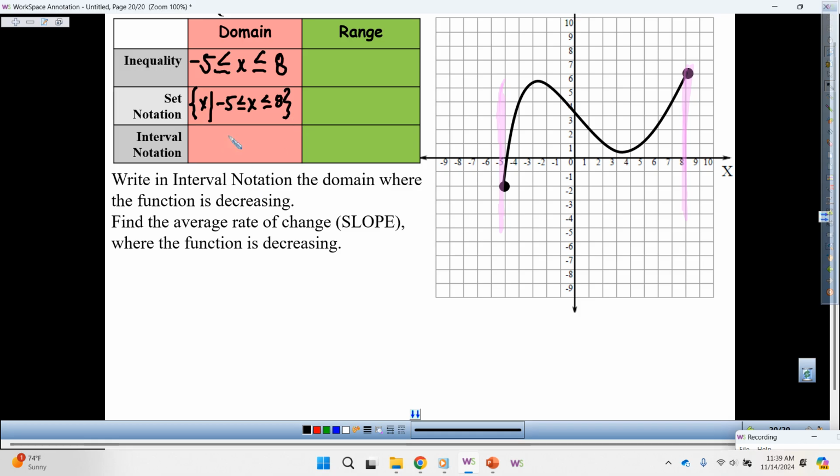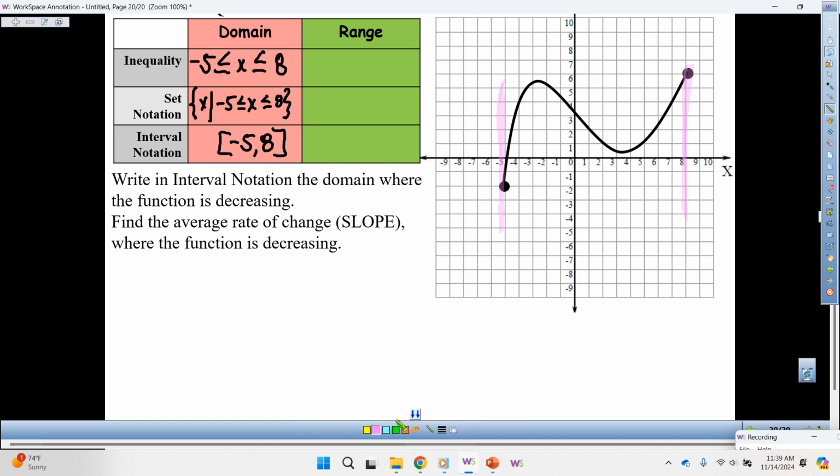Pass someone for interval. Okay, go. Bracket. That is correct. All right, let's go with the range.